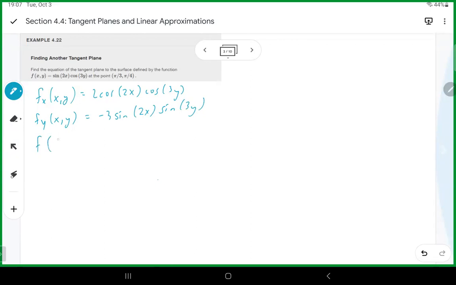And then we want to plug in our initial values for each. You guys can write it out. I'm just going to shorten it so that we have a little bit less that we're writing.